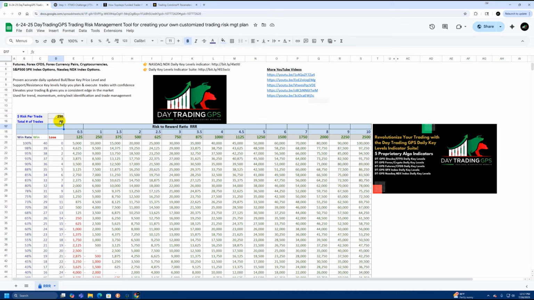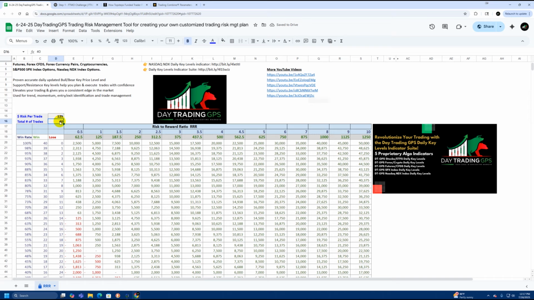But let's say that we're going to still take 40 trades in a month, because we would like to take 2 trades a day on average and trade every day, 20 trading days in a month, but we only wanted to put at risk over the entire month $5,000. So then we would change our risk from 250, which is putting 10,000 at risk over the entire month with 40 trades, to $125.